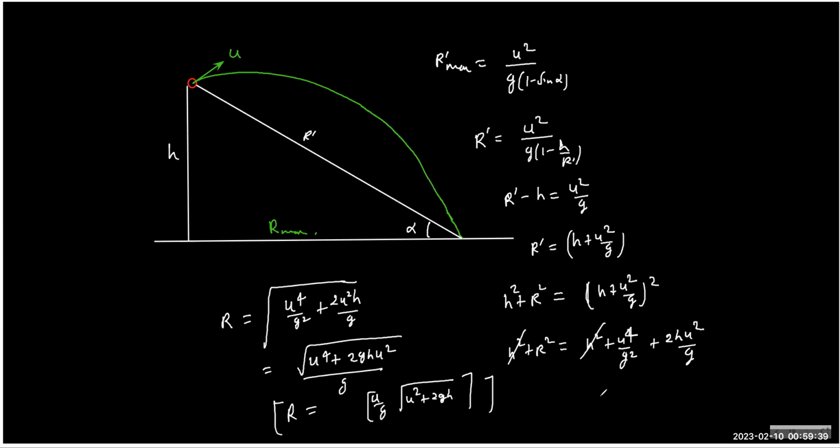So the maximum range is this much. I hope this is clear. So it is simply U square plus 2GH, under root, and then U by G.